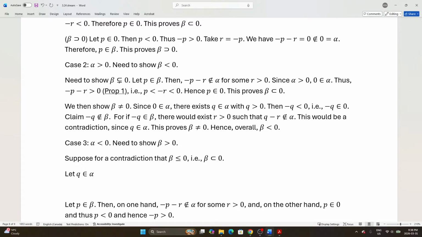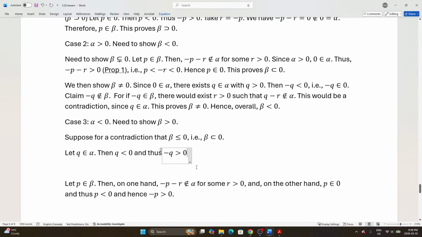So q is negative because alpha is less than zero. So minus q should be positive.